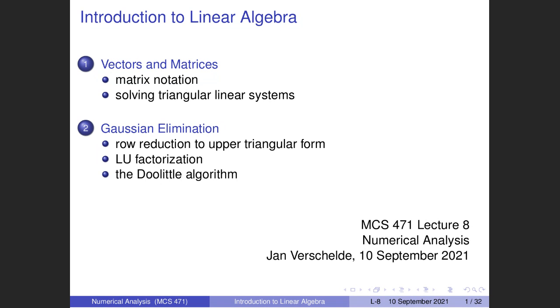So we will see that matrix notation is extremely important. And actually, the second part of this lecture will formulate row reduction in the matrix notation. So we will introduce the LU factorization with what is known as the Doolittle algorithm.